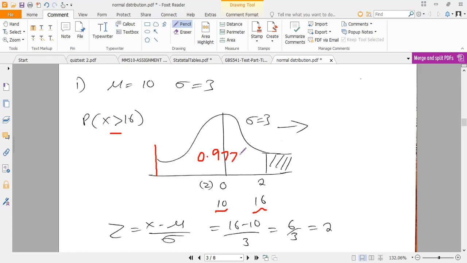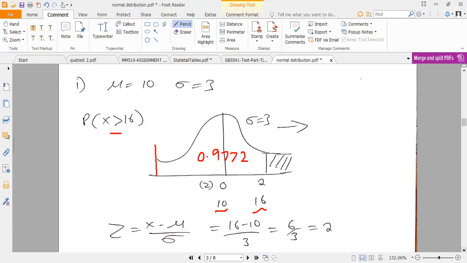What does this tell you? This region is greater. So we're going to get this shaded region by subtracting 1 minus this region here, because from here to here is 97%. The remainder is what we're interested in.